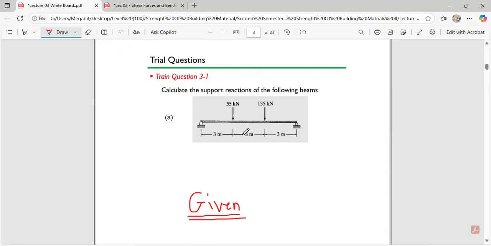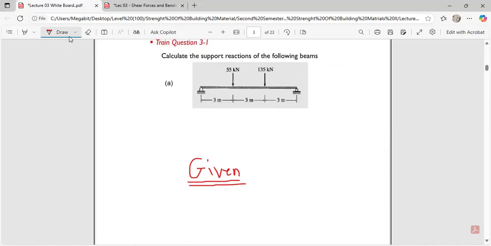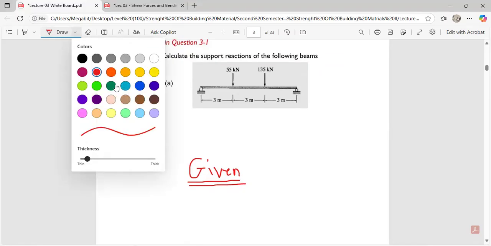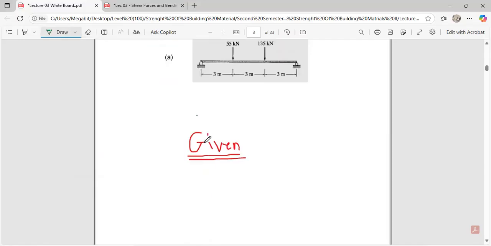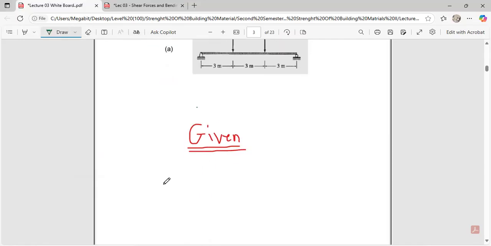So first of all, we have to draw the problem. You have to draw the problem and write under it, or at the right hand side of the original problem. Okay, so let's all do it together. So this is the problem. Let's put it back again for an additional mark so that we don't lose this mark.